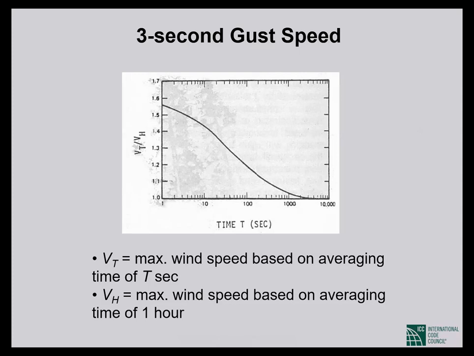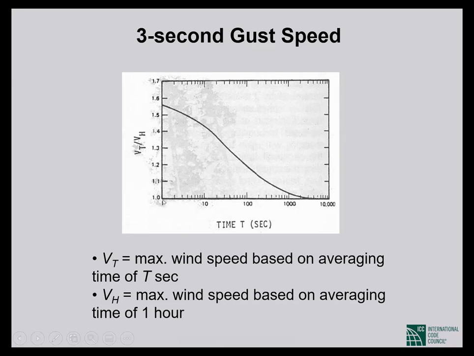Okay. So on this picture, on the x-axis is averaging time, and on the y-axis is wind velocity averaged over t seconds divided by wind velocity averaged over an hour, which is 3,600 seconds.